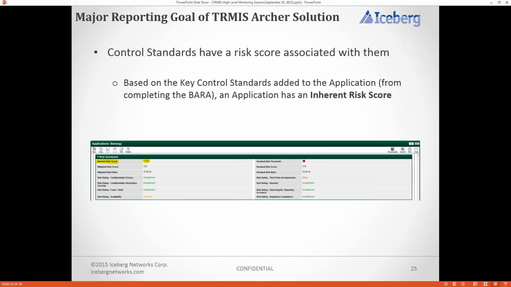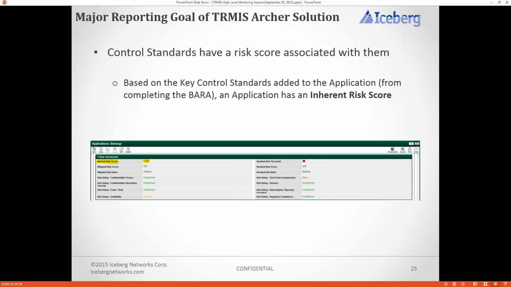Okay. So if you have 10 standards and they each have a score of 100, your inherent risk score will be 1,000. Now, is there a limit on the inherent risk score? I understand for control standard, max is 500. If there are 10 control standards, can my inherent score go to 5,000, or is it 1,000 max? Nope, it's 5,000.